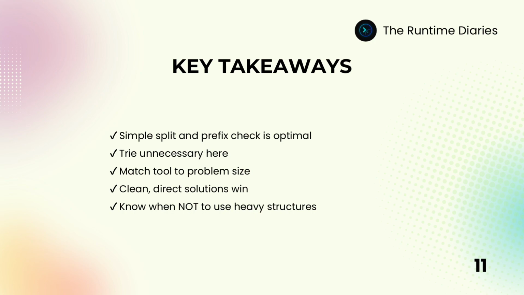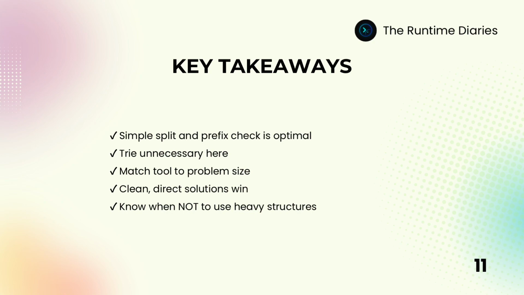Here are the key takeaways from this problem. First, the simplest solution is often the optimal one. Don't overcomplicate things just because you know fancy data structures. Second, don't use heavyweight data structures just because they exist. Use them when the problem size and query patterns demand it. Third, use tries when you have large datasets and many repeated prefix queries.